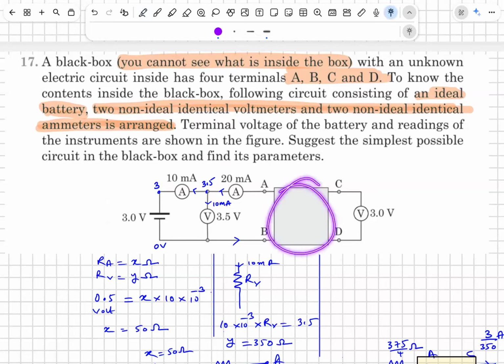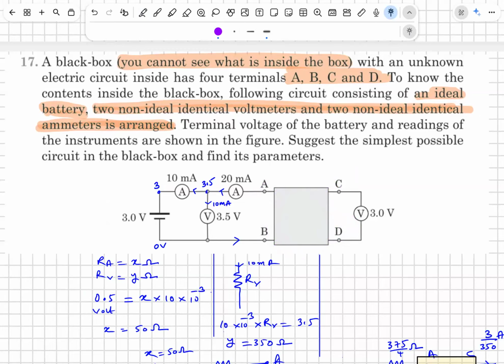Black box with an unknown electric circuit. I have no idea what is inside it. But it has 4 terminals A, B, C, D. To know the contents inside the black box, the following circuit consists of an ideal battery, two non-ideal voltmeters, and two identical ammeters arranged.